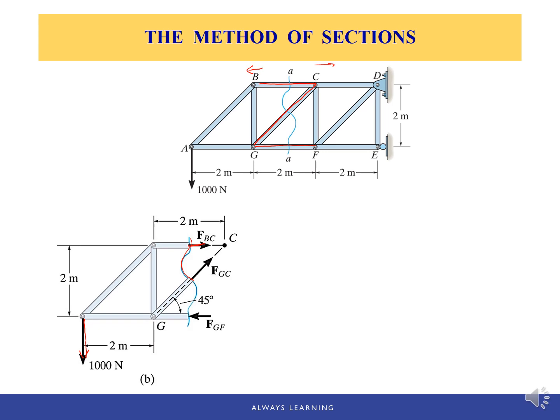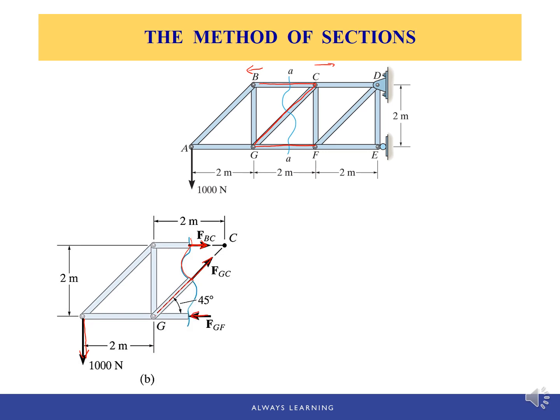The force FBC, because all the truss members are 2-force members, those internal forces are along the direction of the truss member, so along the BC direction. And same idea, the FCG is along the CG member, so we call it FCG or FGC. And the last force is the internal force of the GF member, FGF.